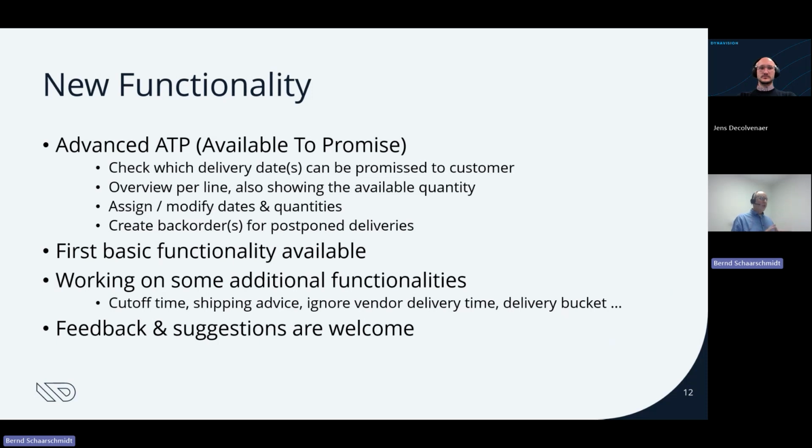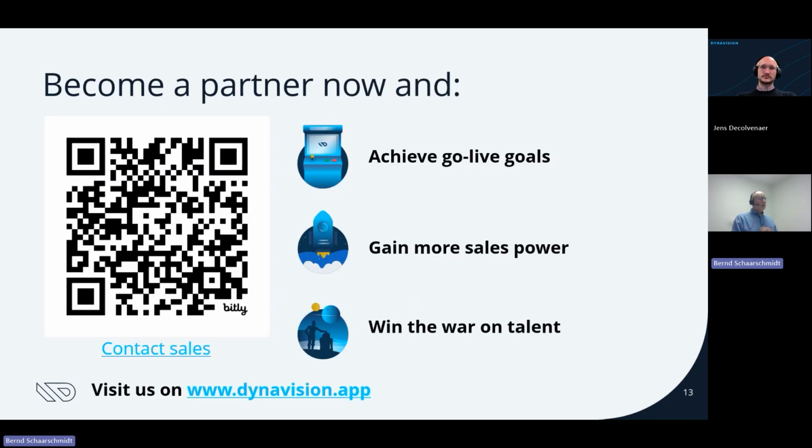So the first basic functionality is available in AppSource. At this moment, we are working on some additional features already. We received already some feedback from early adopters, and we are always very eager to hear your feedback and suggestions to improve the app. So that brings us to the end, and I hand over to Jens once more.